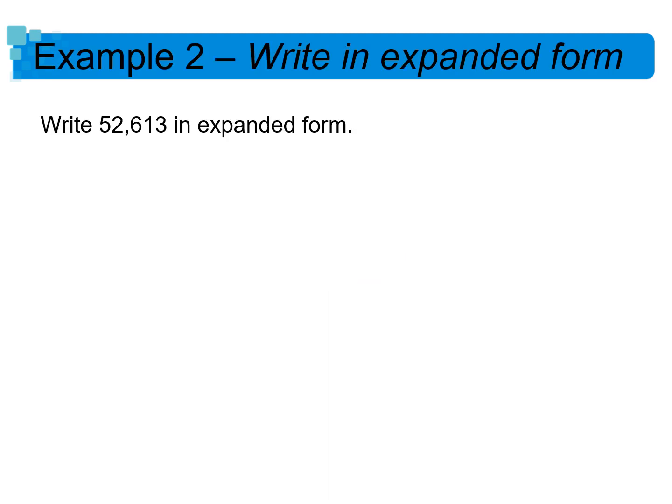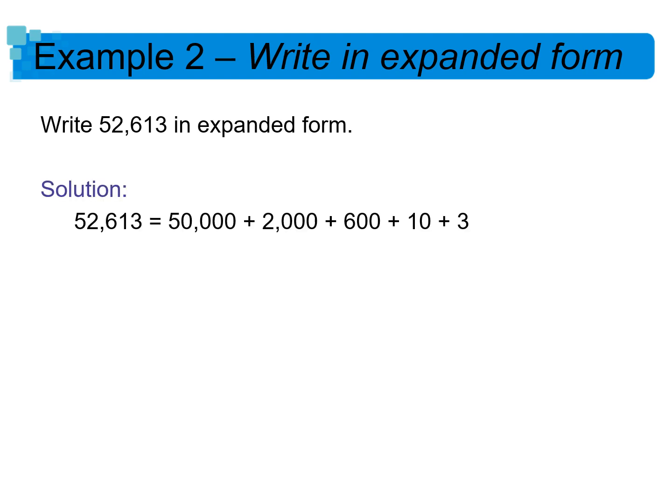In this example, we're asked to write 52,613 in expanded form. So the first thing we want to do is write out 52,613 in this expanded form, where we're writing it out as 50,000 plus 2,000 plus 600 plus 10 plus 3.